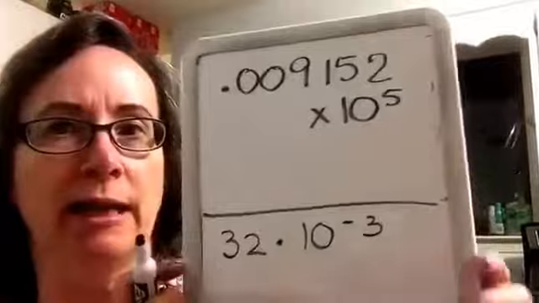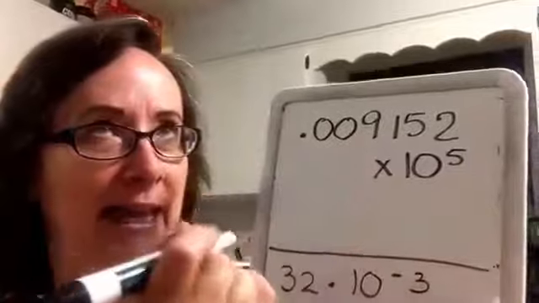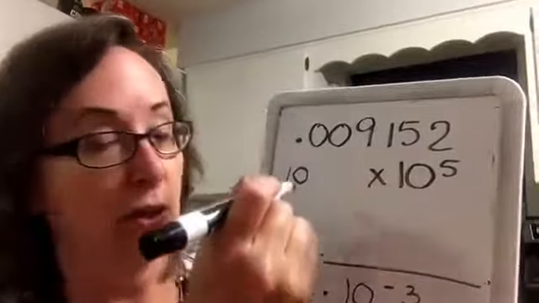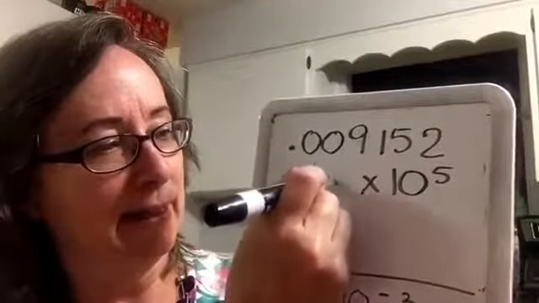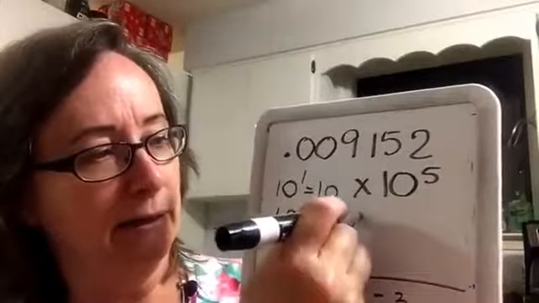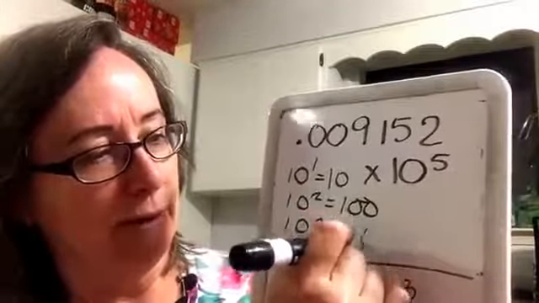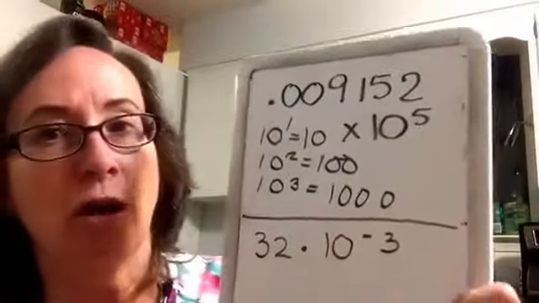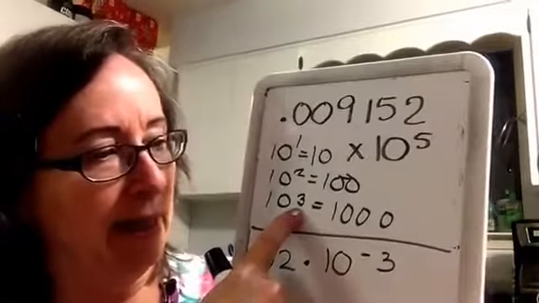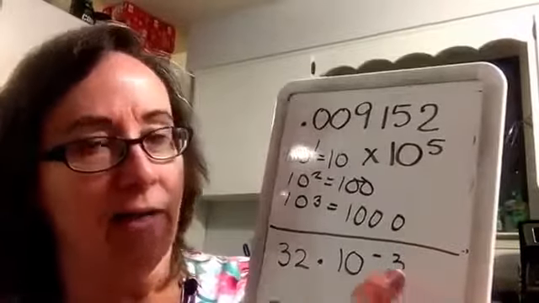And I showed you in class before that when I was younger, I had to say, okay, I know that 10 to the 1 is 10. 10 to the 2 is 100. 10 to the 3 is 1,000. Okay, so when you're looking at those, the 3 exponent is going to basically multiply by 1,000.